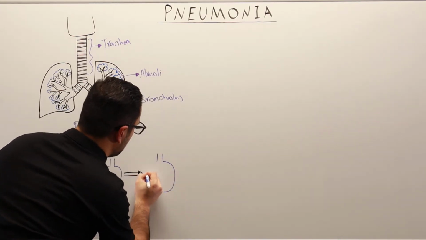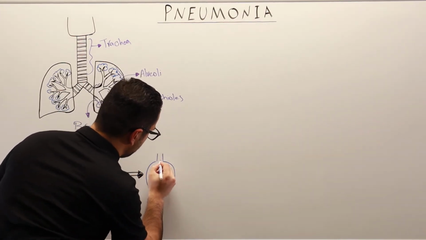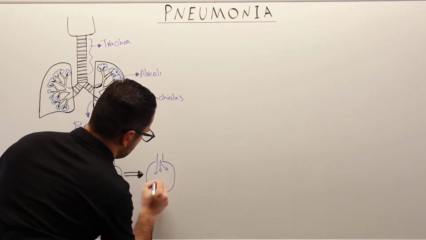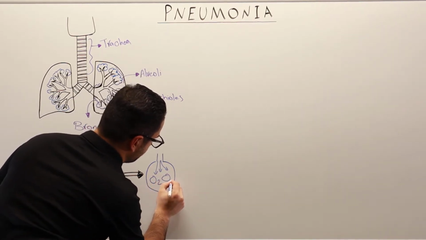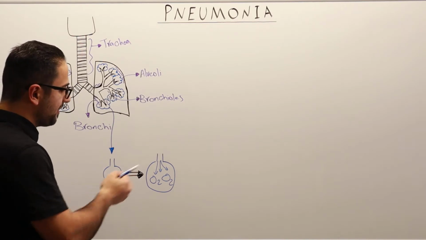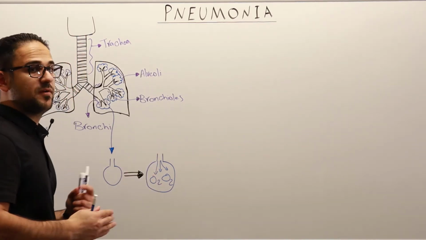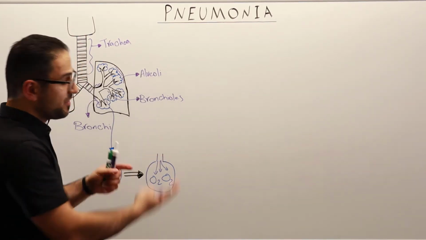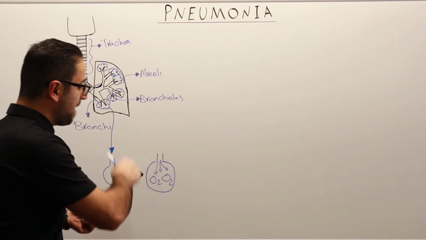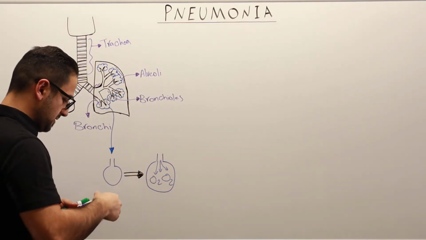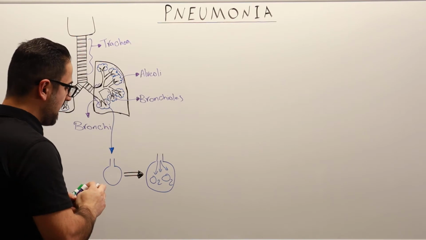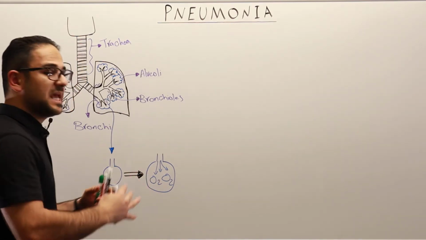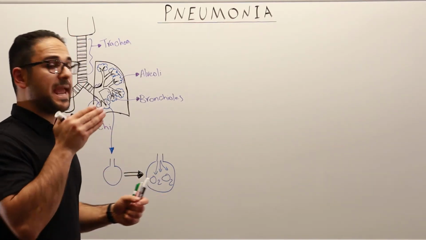It becomes larger in size because all the oxygen is coming inside it, getting ready for exchange of oxygen with carbon dioxide with the capillaries around these. So in this case, they inflate just like a balloon would when putting air inside it.